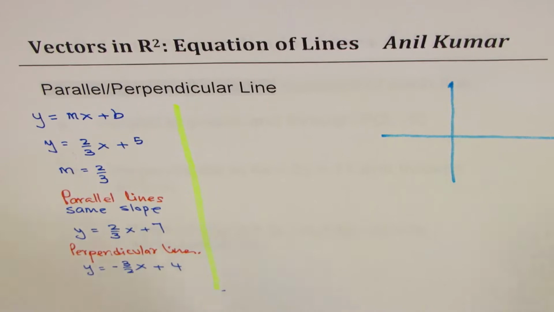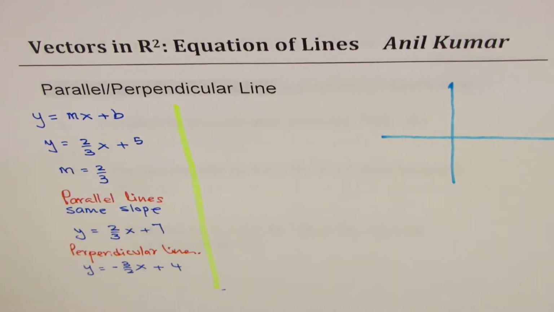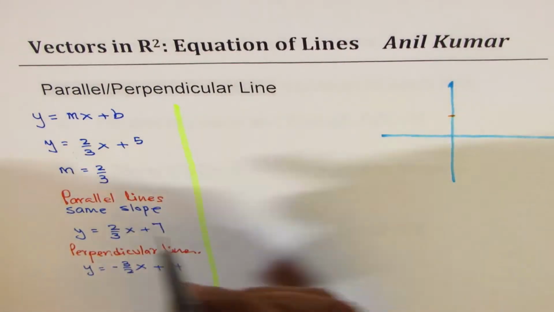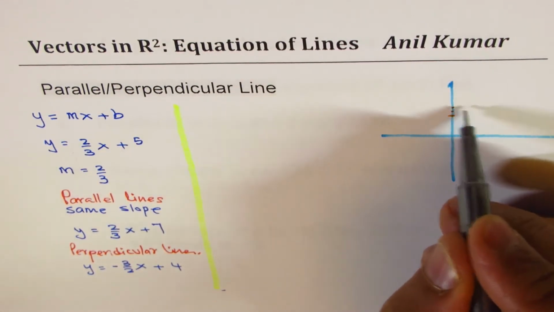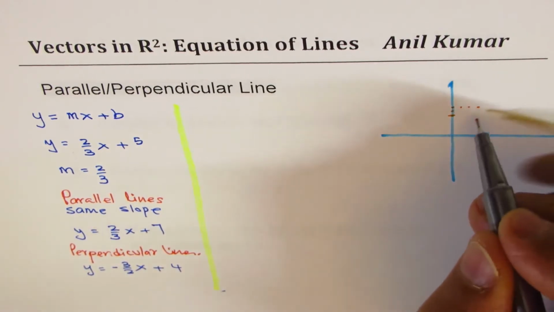So if I have this line 2/3 x + 5, for example, it basically means that we can draw it like this. We have a y-intercept of 5. We go up 2 units, 1, 2, and 3 to the right. So that's the slope.